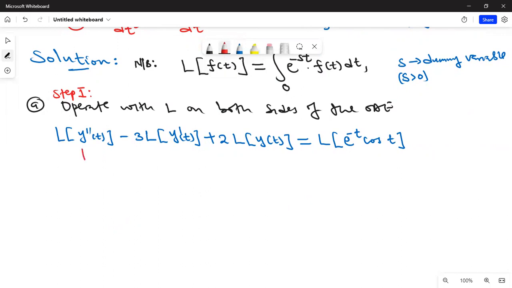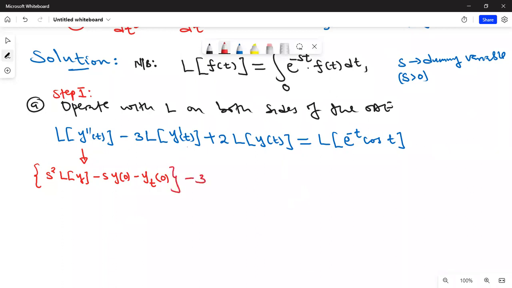So the second derivative will give us this one, s squared times the Laplace transform of y, remember y is a function of t, then minus s times y when t is 0 minus y prime, that's the derivative of y with respect to t when t is 0.